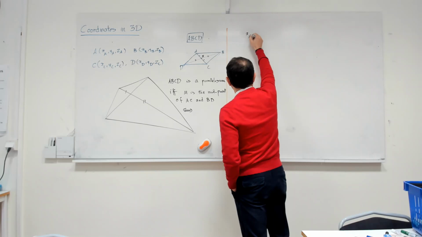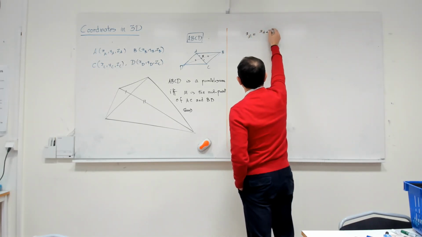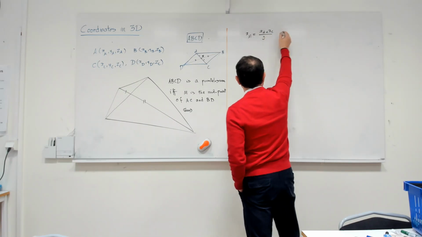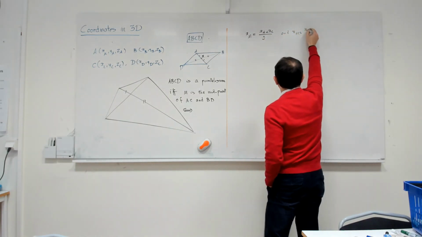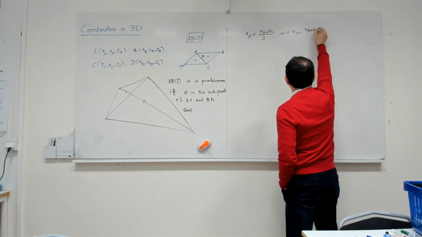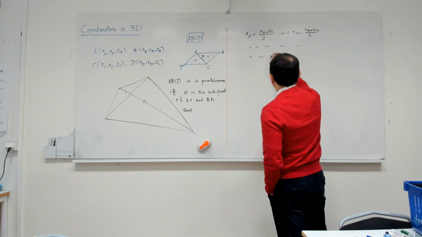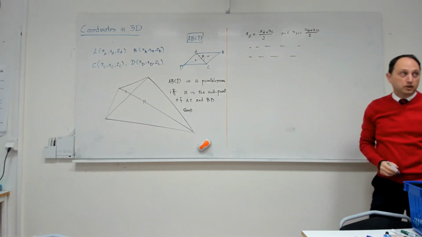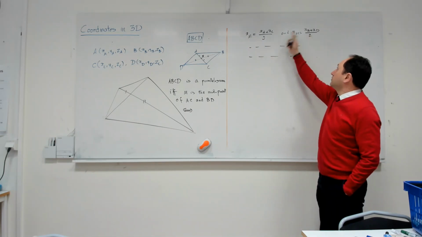XM, for example, is equal to XA plus XC divided by 2 on the one hand, and XM should be X of B plus X of D divided by 2 on the other hand, and the same for X, Y, and Z.